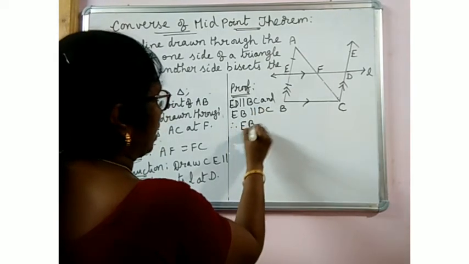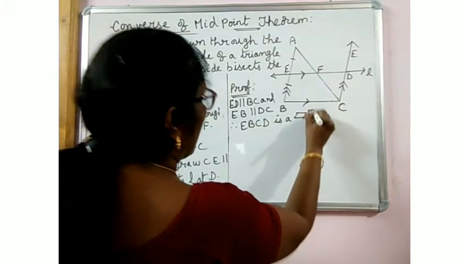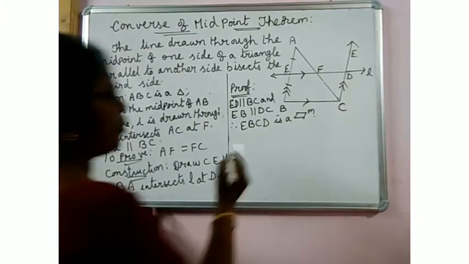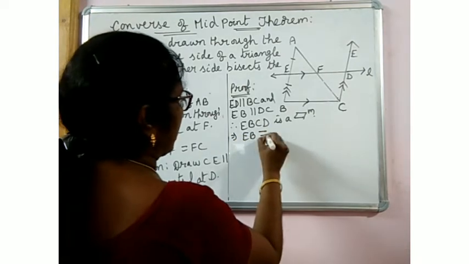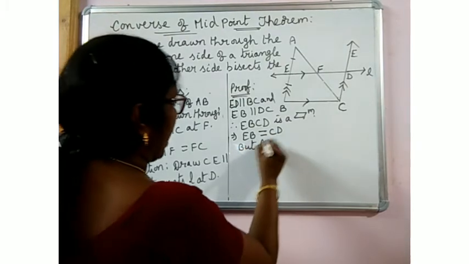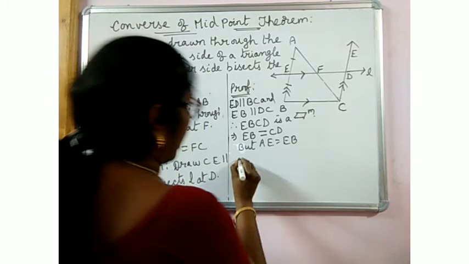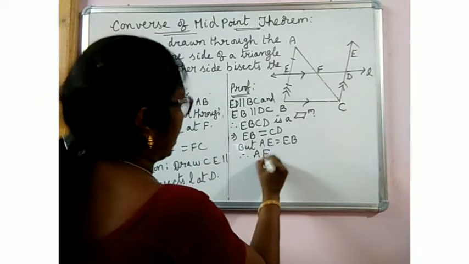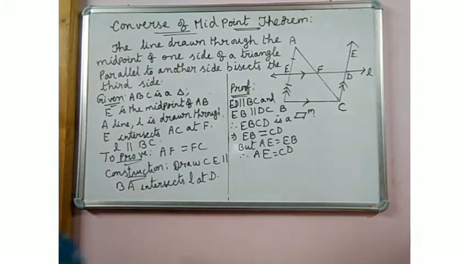Therefore, EBCD is a parallelogram. And we know that in a parallelogram opposite sides are equal. That implies EB is equal to CD. But AE is equal to EB. Therefore AE is equal to CD. I hope this is clear to you.